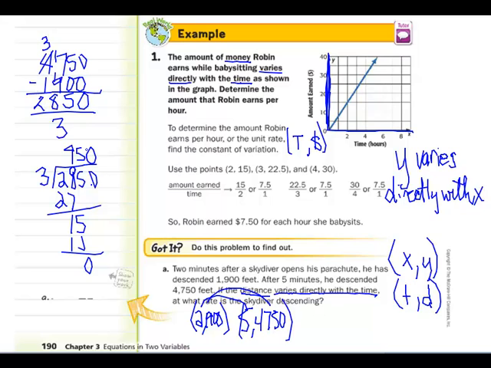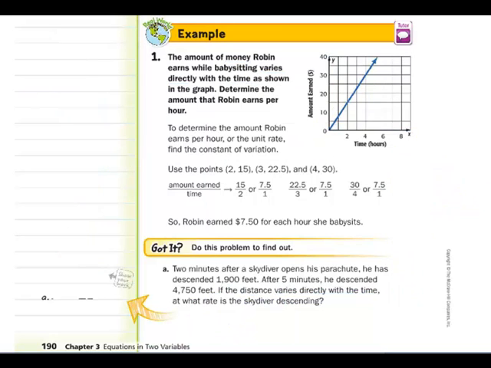So if he's talking about descending, this minus this over this minus this. So he's falling 950 feet per second. So it's a negative 950 feet per second. All right. Again, I know it's going to take some time for you to wrap your heads around this, so just do your best to be patient, and I promise it will come.